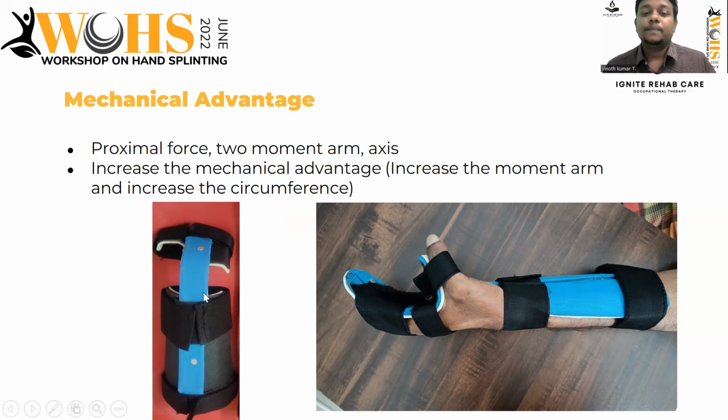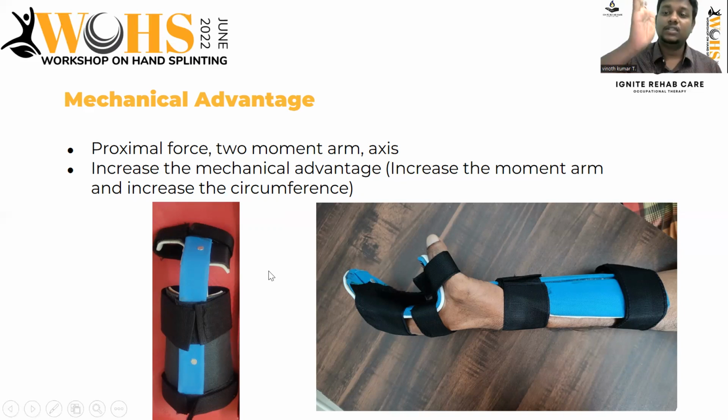Why you have to consider these things while designing splints: if you don't properly design the splint based on this, if you don't create the proper mechanical advantage, you may not get the proper comfort for the patient. Mechanical advantage concerns the weight.